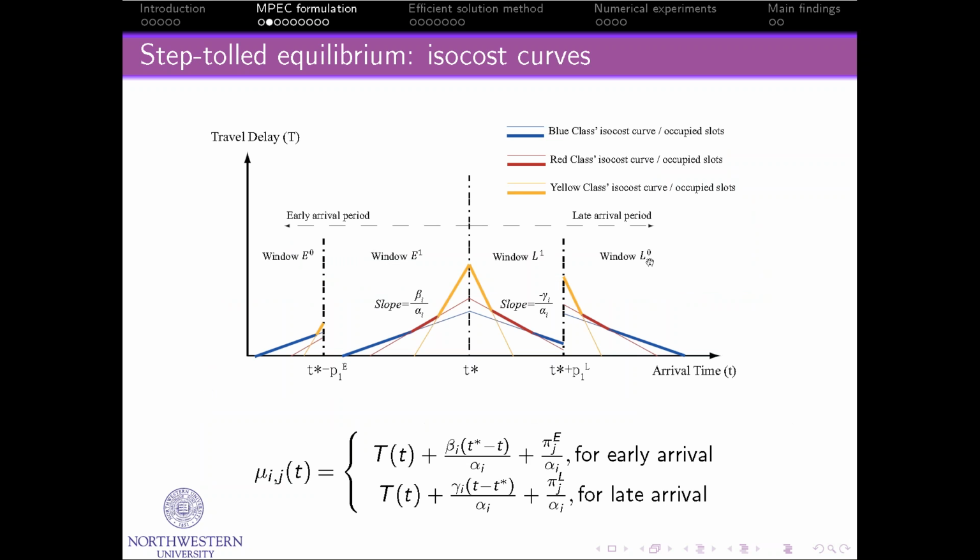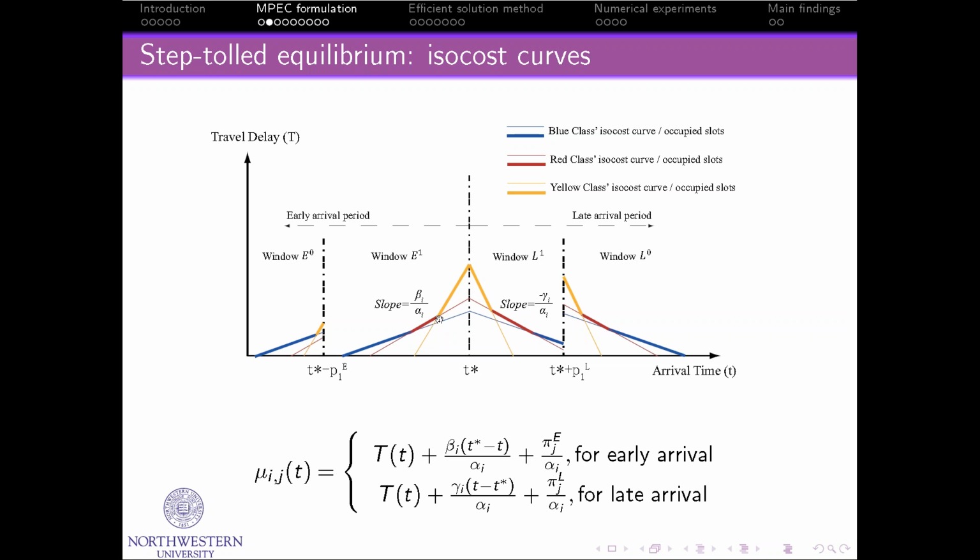And there are two untolled periods, the early untolled period and the late untolled period. We consider any one of these periods, for example the early toll period.